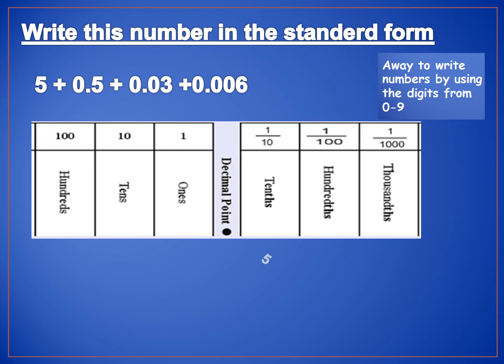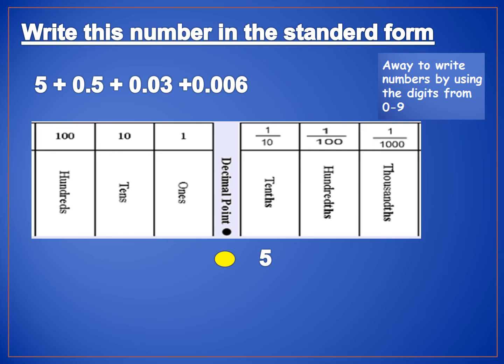thousandths, and so on. Okay, so for that number, which is 5 plus 0.5 plus 0.03 plus 0.006, 5 here, of course, it's ones, so it's going to be on the left of the decimal point, and 0.5 means 5 tenths, so it will be on the right of the decimal point, which is here. Then 0.03 means 3 hundredths, so I have to put 3 in the hundredths place, which will be here.